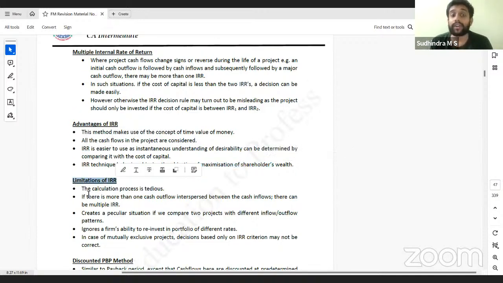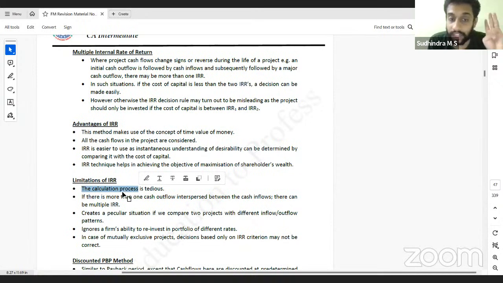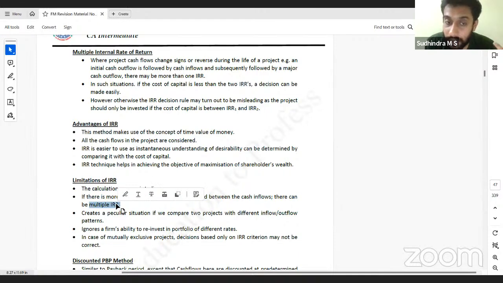Calculation of IRR is tedious. You have to go with the trial and error method. Estimate one, take one discount rate, then go with increase or decrease as the case may be. So it's tedious. Again, if there is fluctuation in the cash flow, there can be multiple IRRs. It creates a peculiar situation if we compare two projects with different inflow or outflow patterns, so comparison is normally not possible.